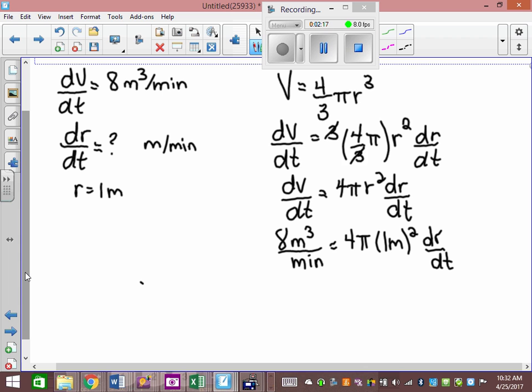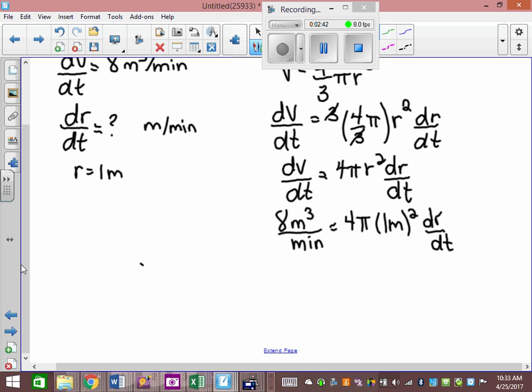If you don't, you will lose marks. Your prof will make you lose marks because you're not actually proving that you know how to convert and get rid of the units. You just know how to write the units at the bottom because you know this is meters per minute. You need to be able to go through and actually show why they cancel and how they cancel. You can't just write it at the end.